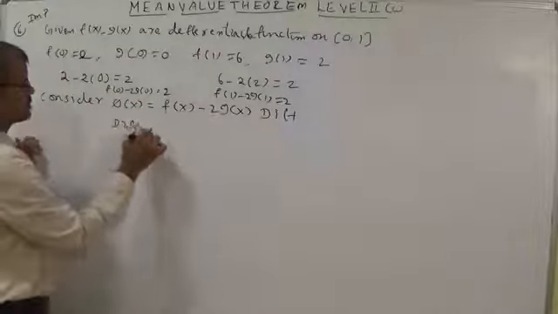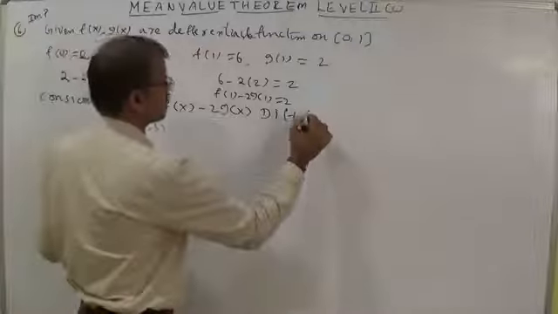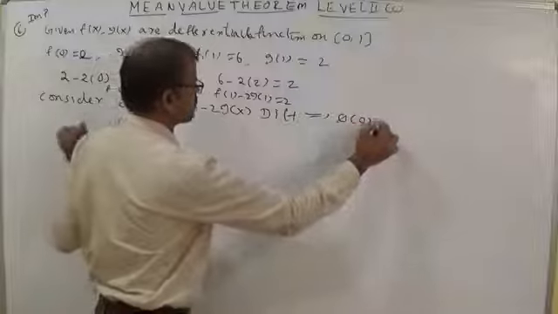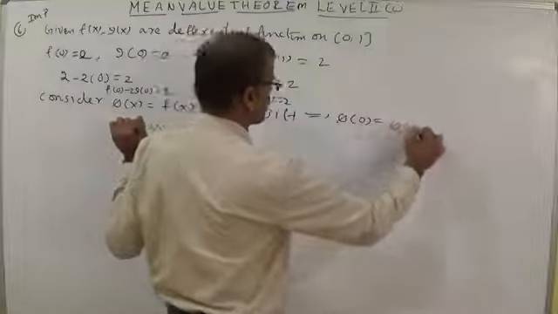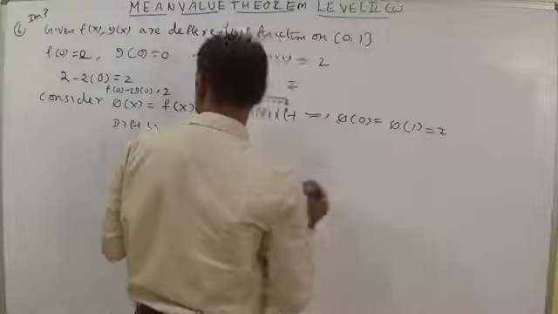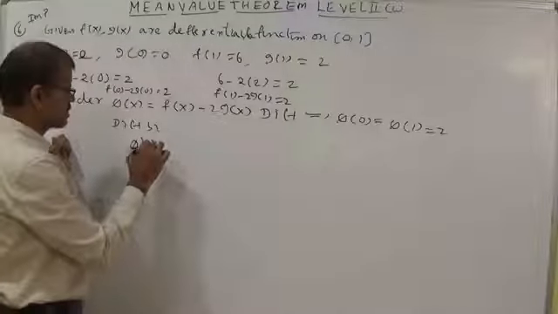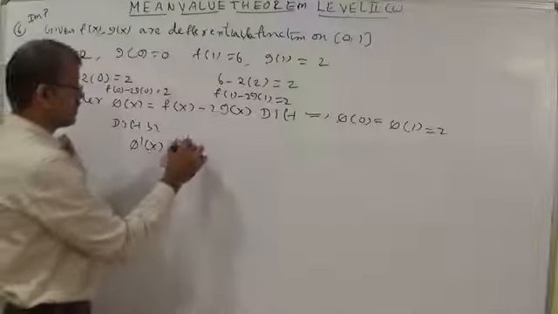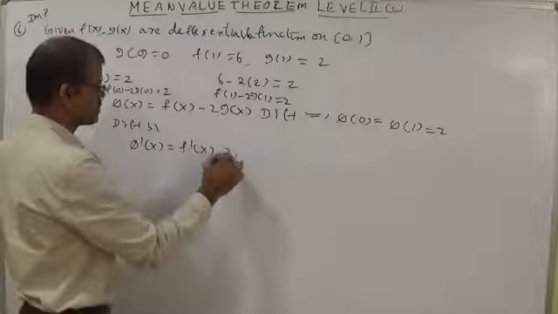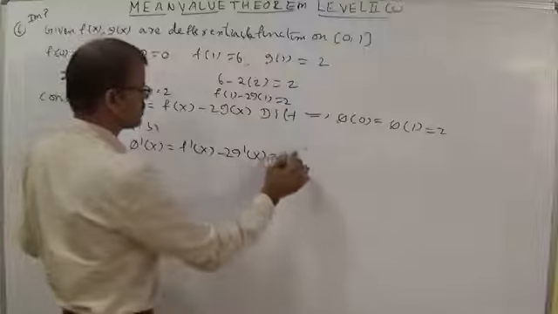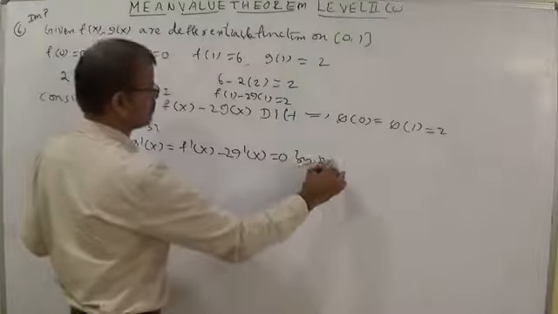Phi(0) is equal to phi(1), both values 2, the same. Differentiating both sides, phi'(x) = f'(x) - 2g'(x) = 0 by Rolle's theorem.